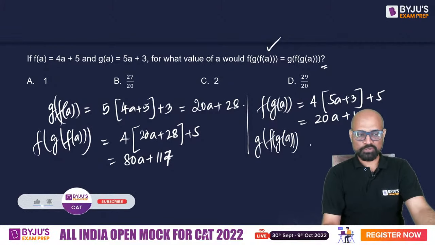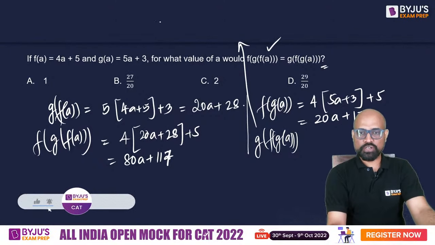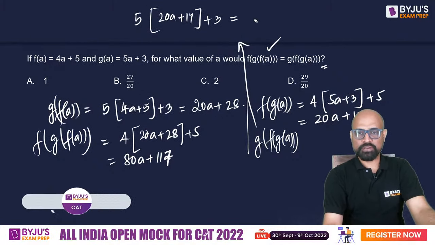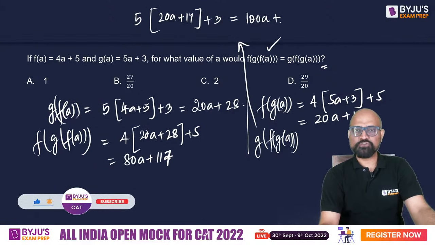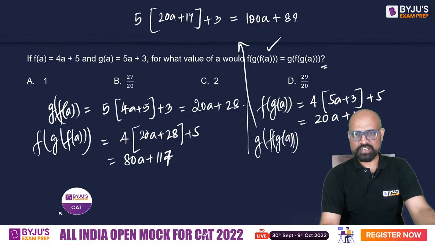So you won't be able to see it over here. So I'm going to write above. So this is going to be 5 times of 20a plus 17 and then plus 3. So this is going to be 100a plus 17 into 5 is 85. 85 plus 3 is 88.